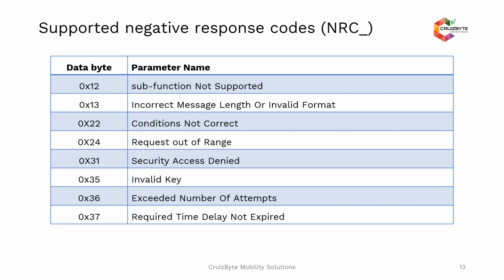Then you should follow a predefined step to bring the ECU back to live and start this session again. And 37 is required time delay not expired. This is one of the functions required in one of the control functions.